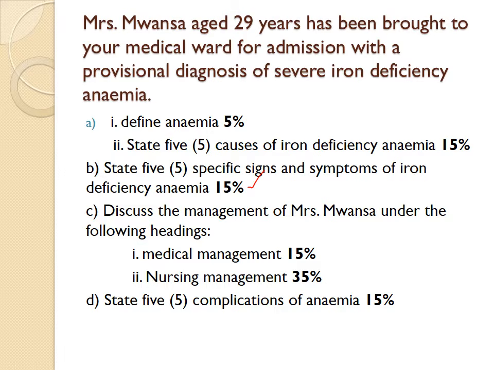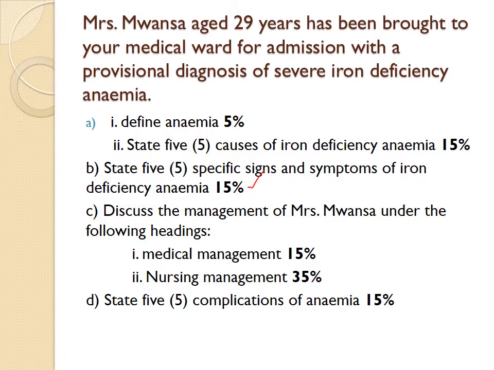Okay, so question B. Question B reads: state 5 specific signs and symptoms of iron deficiency anemia. That is 15 marks.